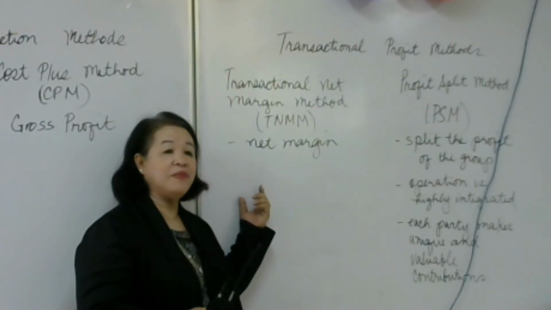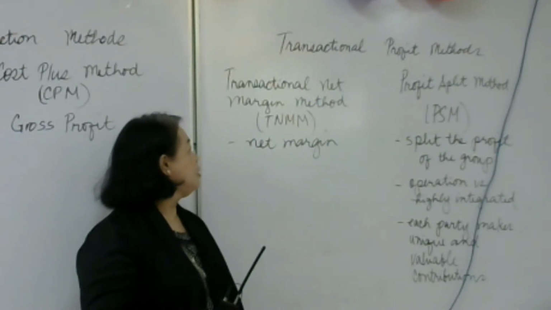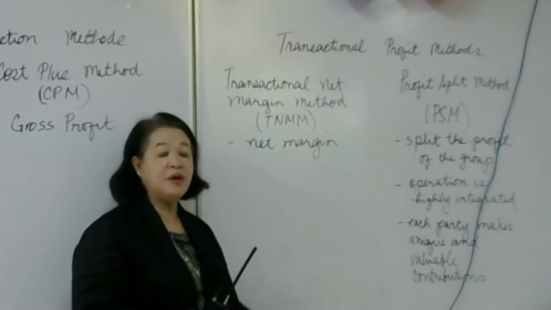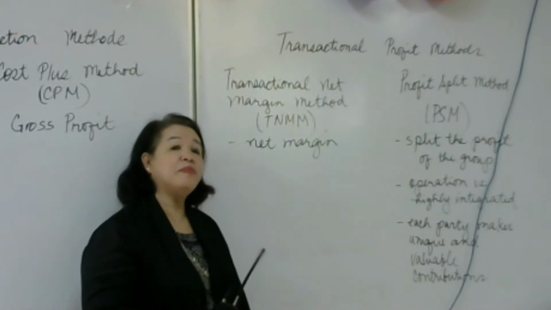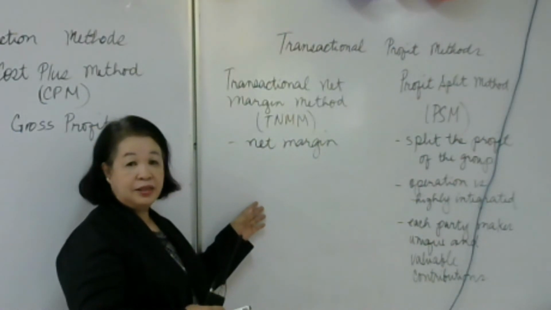Okay? So, yan. At pagka net margin na yung ginamit mo, you use also the profit level indicator. Ano yung mga profit level indicator na sinasabi dito sa transactional net margin? Gagamit ka na ng ibang profit level indicator just like return on assets, no?